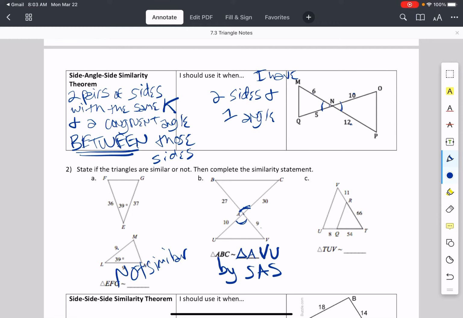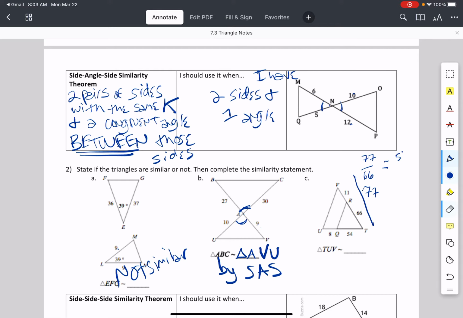Okay, on the next one, we're comparing the small triangle to the big triangle, right? So 66 is a side length on the small triangle. Is 11 a side length on the big triangle? No, what is the big triangle length? Yeah, 77. So I need to figure out if 77 divided by 66 is the same thing as 54.